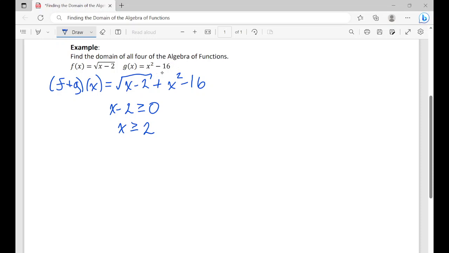So no restrictions for the first, and we have some restrictions for the second, which means we need the intersection of the two. So the domain here is going to be bracket 2 to infinity in interval notation. So this would be the domain of the sum function, sum of the two functions here.